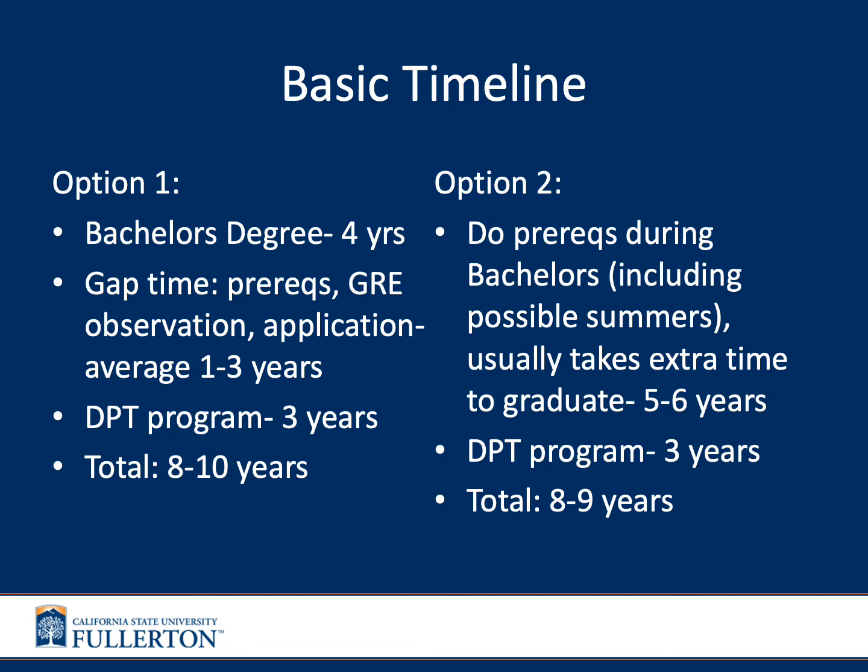Take a year or two to get your prerequisite classes done, do your GRE exam, get your observation hours in, complete your application, etc. And this may take anywhere from 1 to 3 years depending on the availability of classes, your own life schedule, etc., etc. Then you add a DPT program on top of that, which is 2 to 3 years, and you get a total of 8 to 10 year plan.